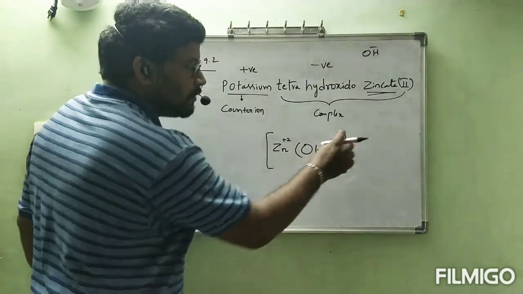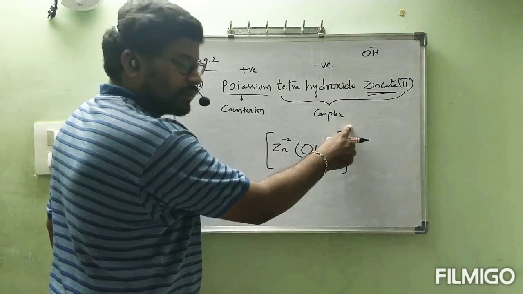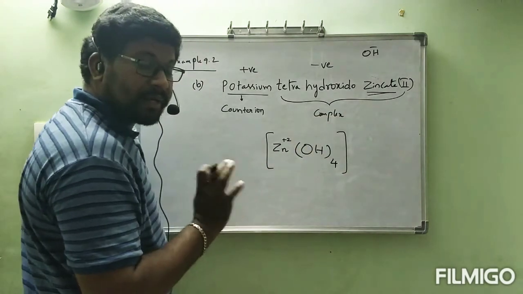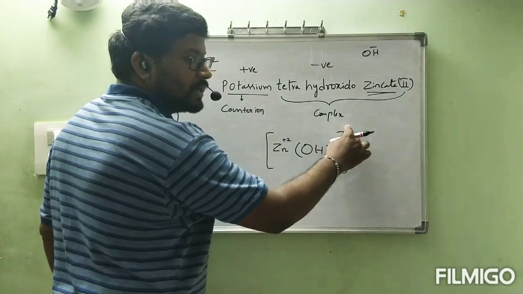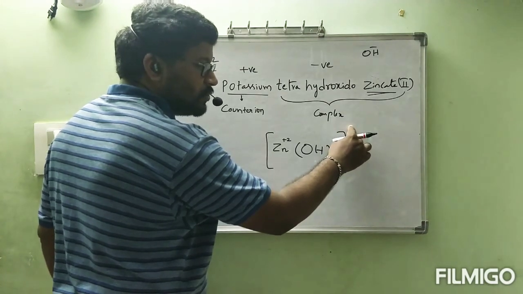-4. Now I want to know what is the charge present on the square bracket. I got zinc OH4 complex ion, but I want to get the charge present on the square bracket. To find this charge, what am I going to do?